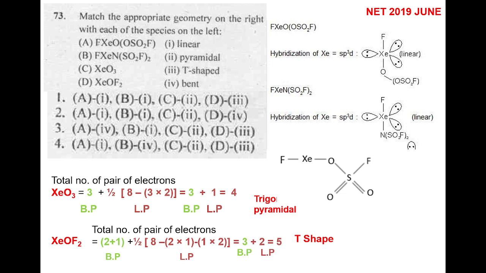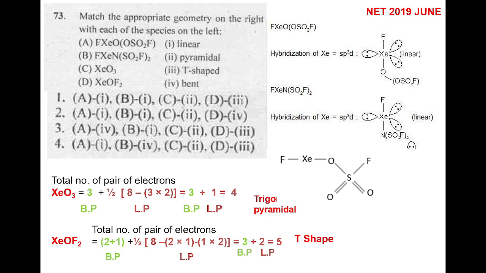So XeOF2 is T shape. If we talk about the larger molecules, FXeOSO2F, this is a linked compound. So this is linear, having sp3d hybridization. FXeNSO2F2, again this structure is linear.